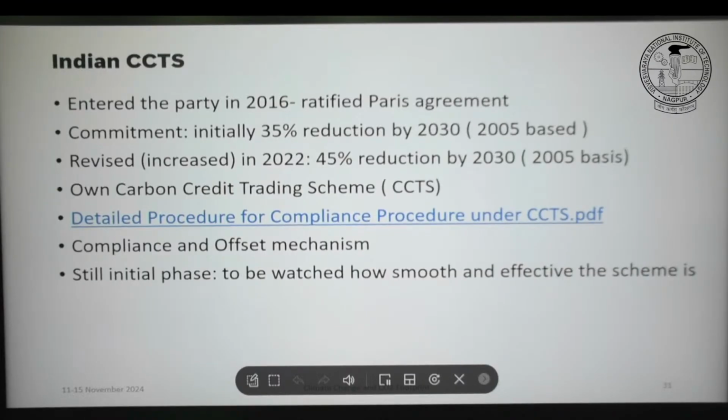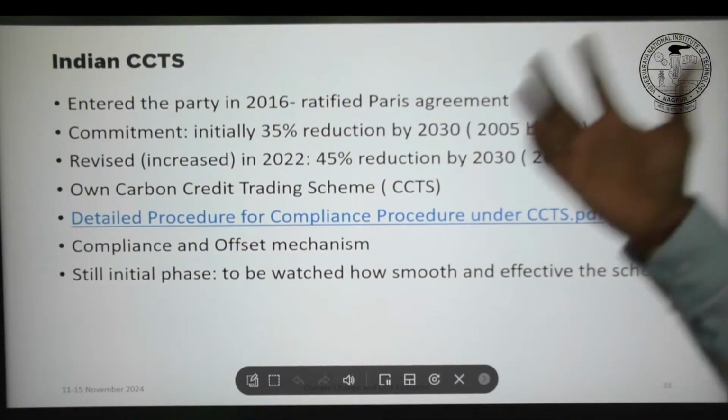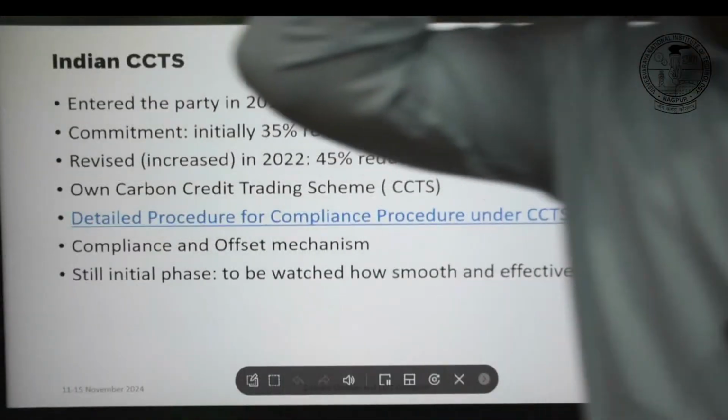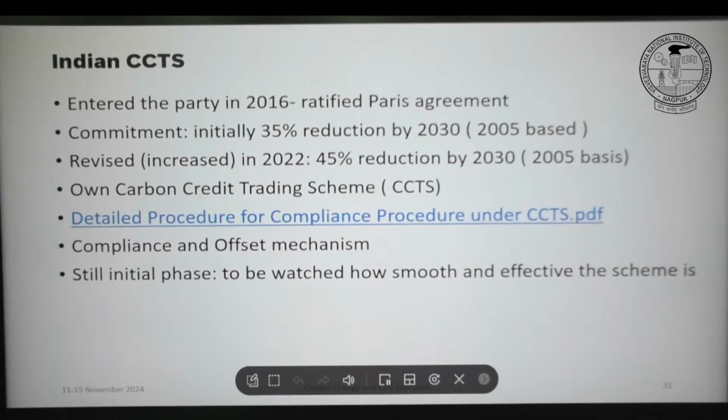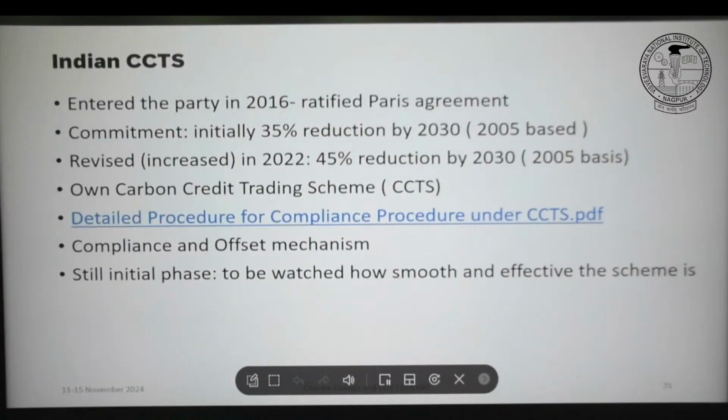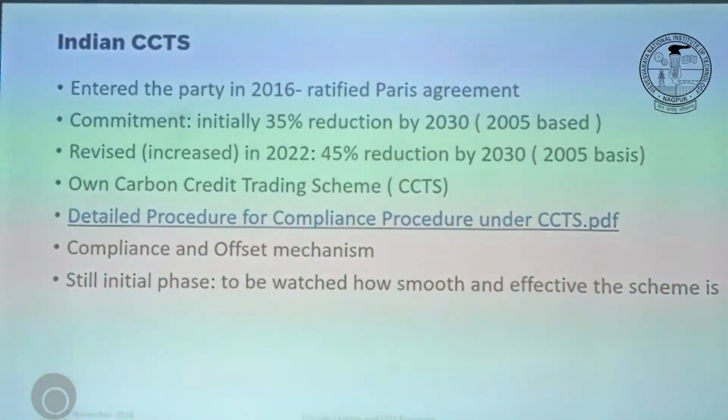So if you do not have these reporting procedures, I'm just talking in layman language, without going into details, if you do not have a standard approach or standards to report greenhouse gas emissions, there is always a way you can trick. No, my leakage is not an emission. What I'm trying to say is it's very easy for companies to make the government fool, to report lower CO2 emissions than what they are actually emitting. So that's why reporting is so important, and that's what the governments are doing.